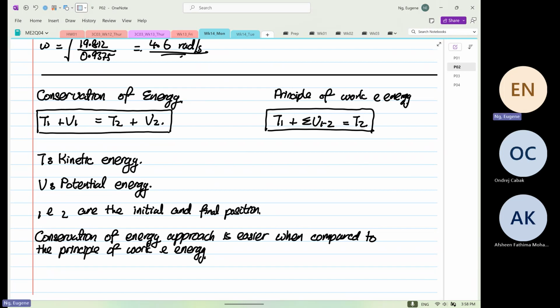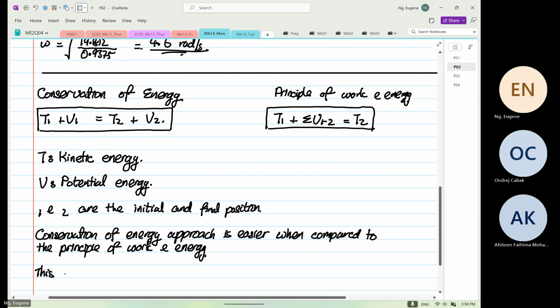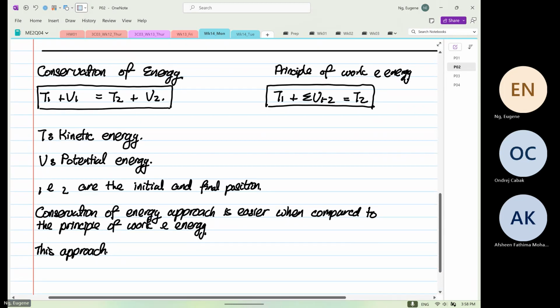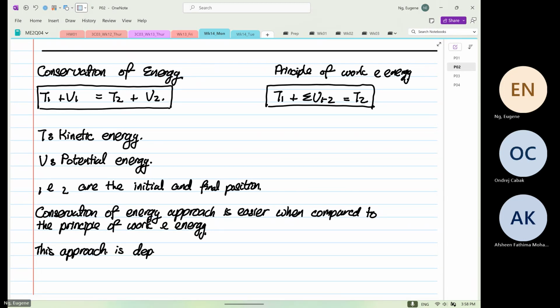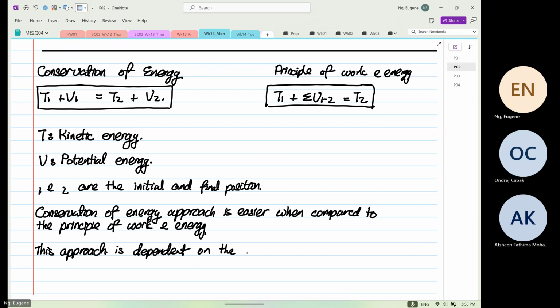This method, this approach, is dependent on the initial and final position of the object.